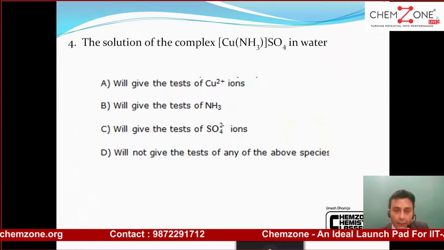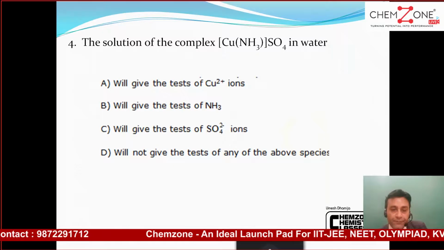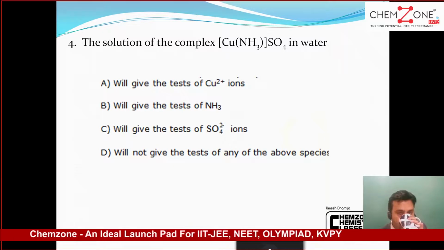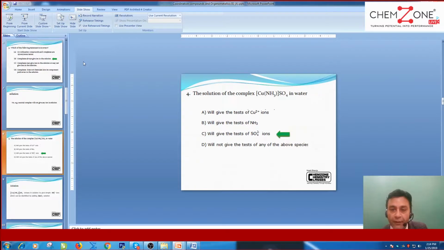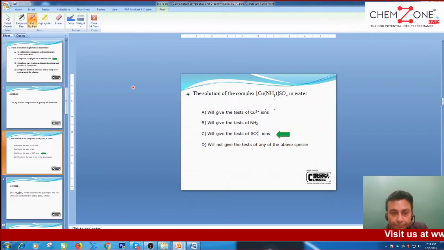Okay, now come to this one. The solution of complex in water. I'm not familiar with these tests, so how can I know the answer? Okay, fine. I'll tell the basic funda of this one.